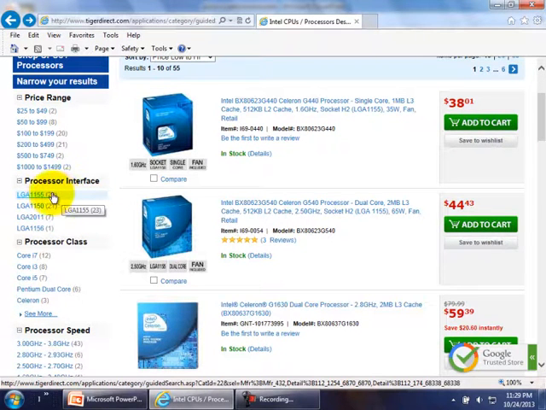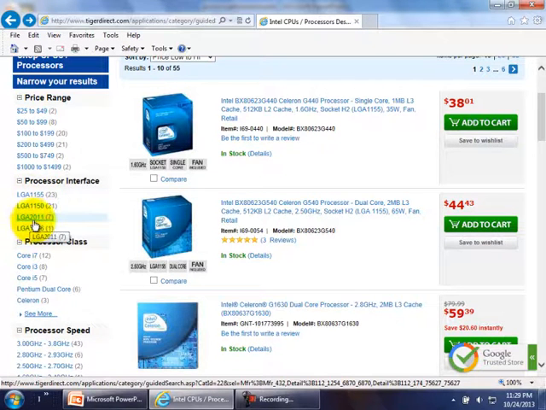Notice that the LGA 1155 has the most available CPUs. What does that tell you? It's the most common, so it's probably going to be in that sweet spot of your price versus performance curve. And within that, we can look also at the processors that are there and the prices.